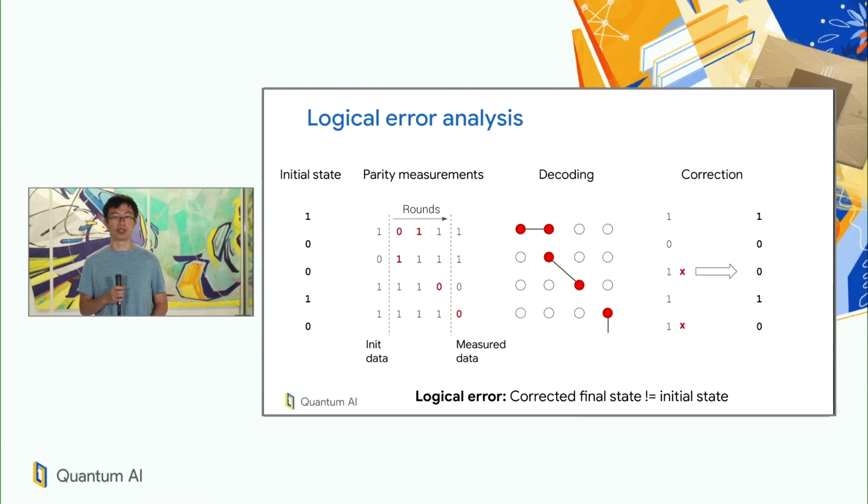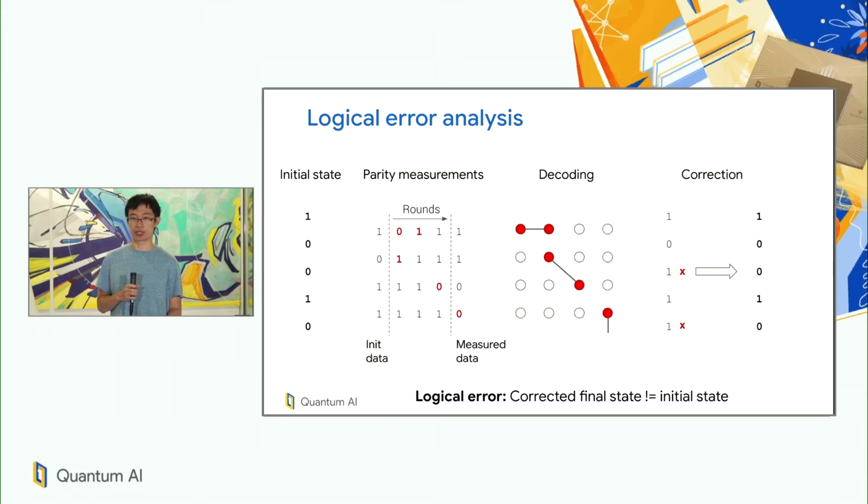So we've initialized our data qubits into a certain state, and we're collecting all these parity measurements from our measure qubits. Some of these parity measurements signal a detection event. We go through the process of decoding, where we use a technique called matching, which you can think of as literally connecting the dots between our detection events.